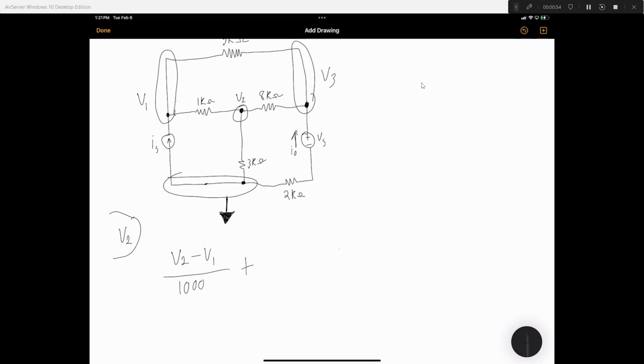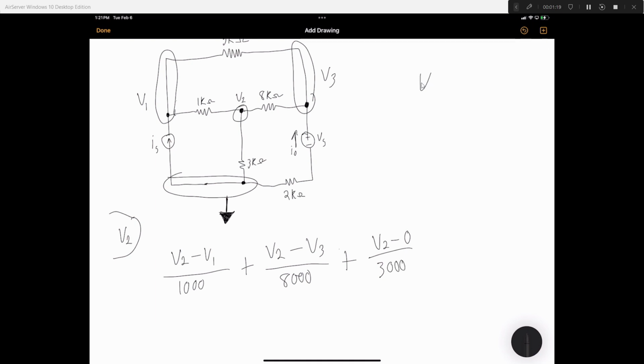Plus V2 minus V3 divided by 8,000. Now here's the trickier part. V2 goes to the grounded node that we made at the beginning, so it's V2 minus 0 divided by 3,000.